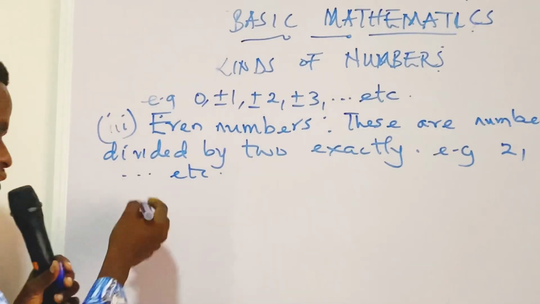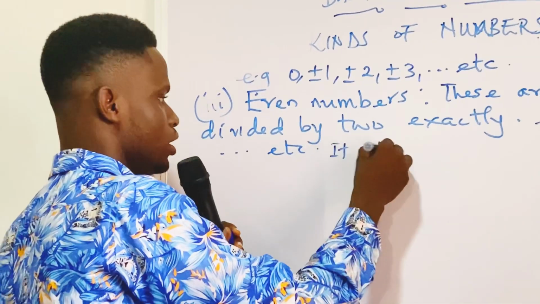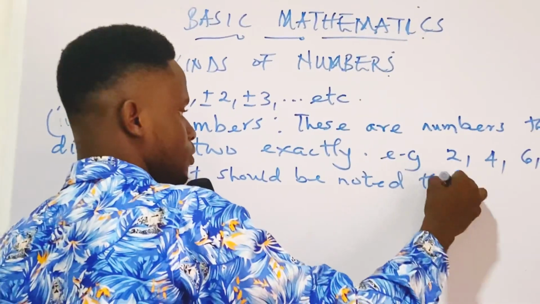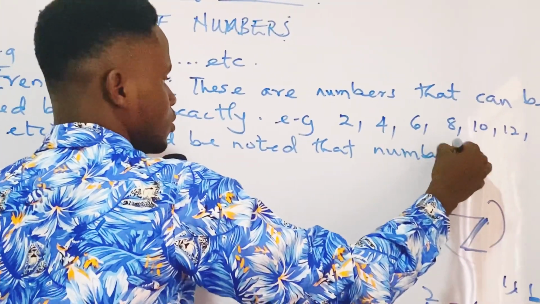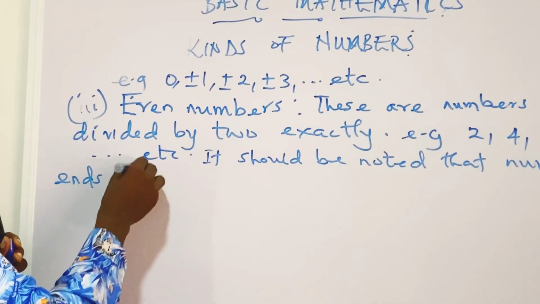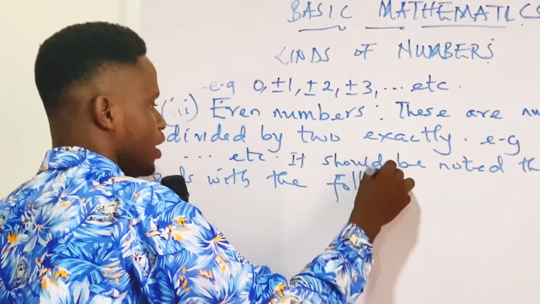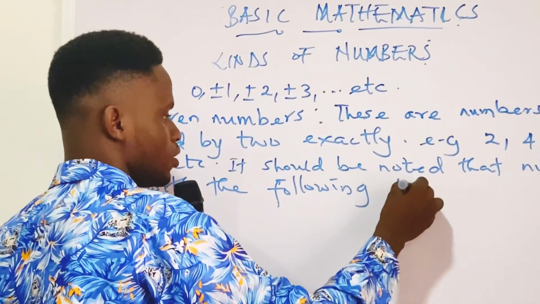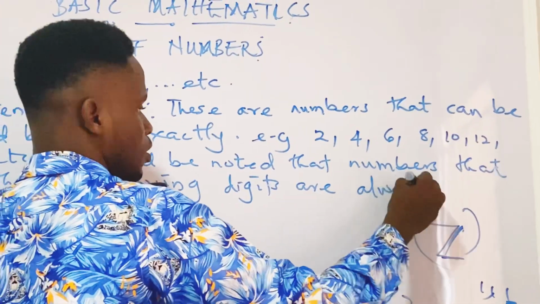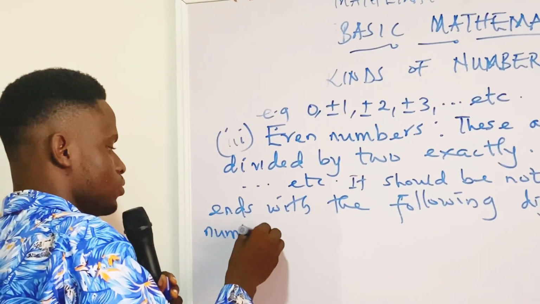It should be noted that numbers that end with the following digits are always even numbers.